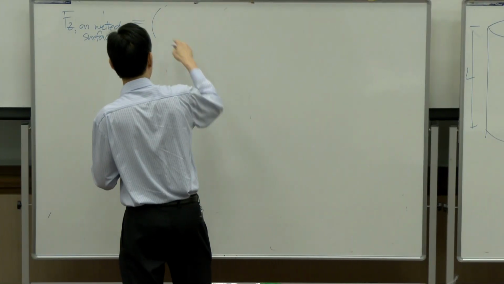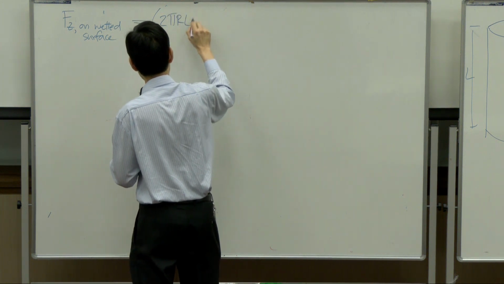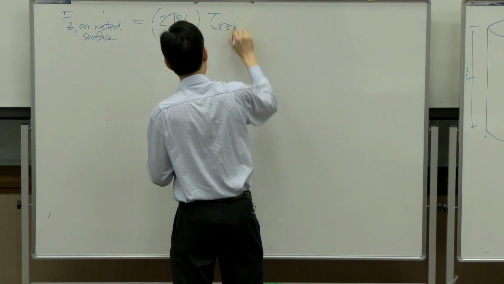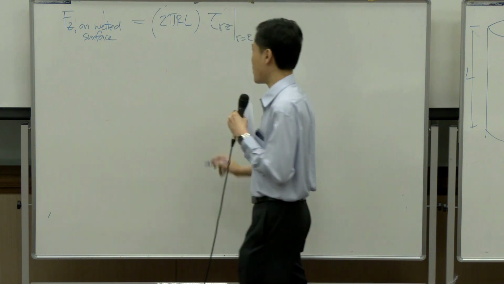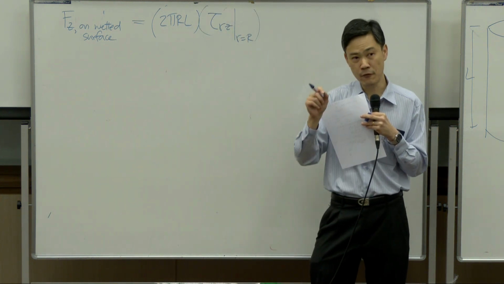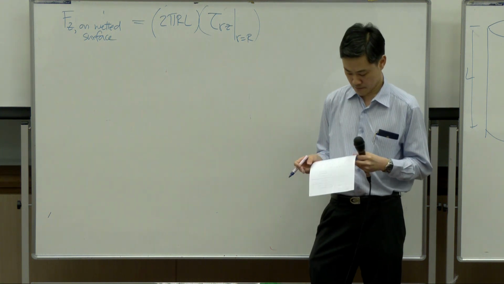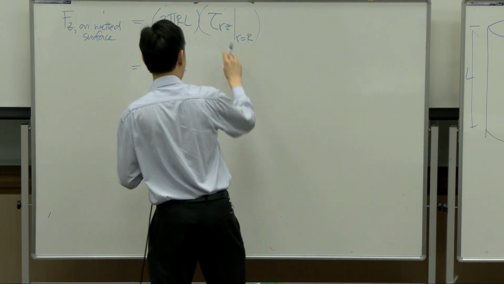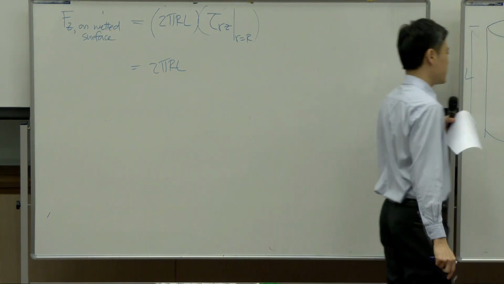So the area of the wetted wall is basically 2 pi r times L, times tau at the interface, which is at r equal to capital R. This would be the force acting by the fluid on the wall. Okay? So 2 pi RL times tau, you just replace this small r with capital R.